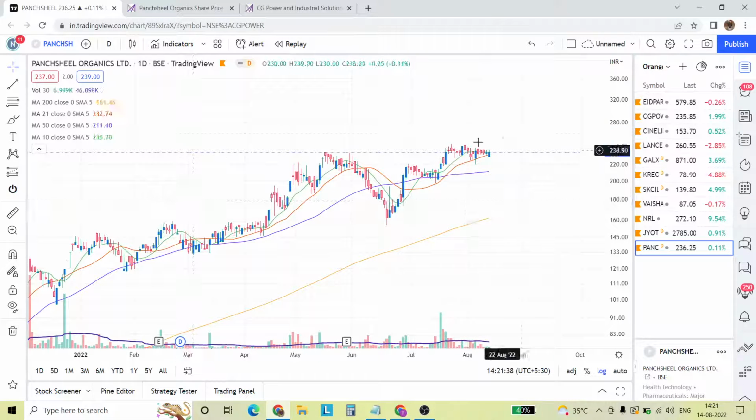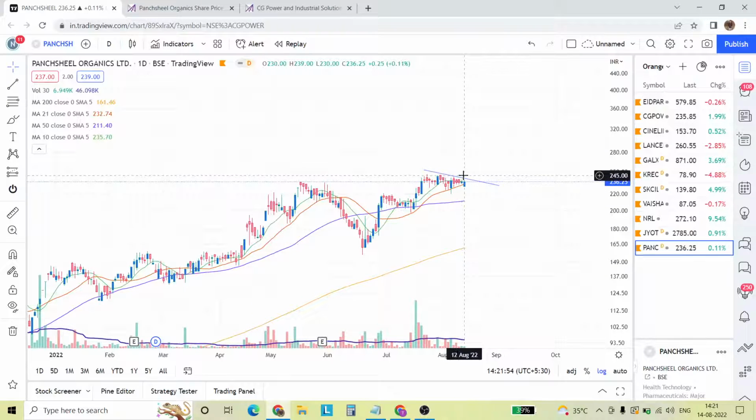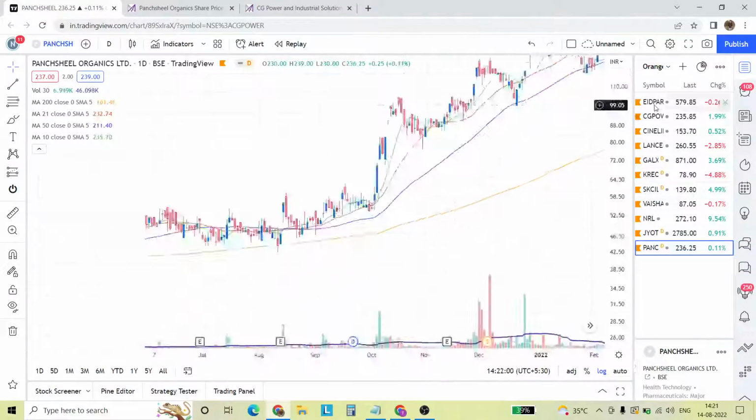Okay, so I like this. And look at the volumes, there's nothing. There's no supply coming in, literally no volume, meaning there is no supply over here. Once it breaks this with some demand, I think it has no supply, so it can cruise easily, I guess.